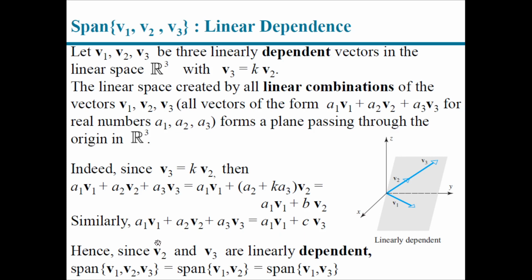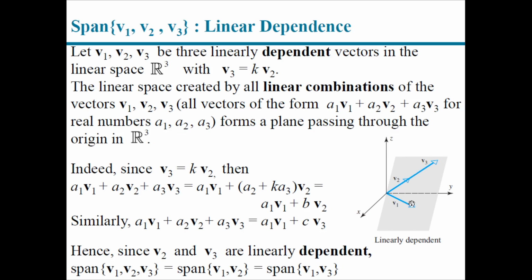So since v2 and v3 are linearly dependent, so they are collinear here, we can kick out one of them. We don't need them. We just need one of them. So the space generated by v1, v2, and v3 is the same as the space generated by v1 and v2, or the space generated by v1 and v3, because we can kick out v3 and we are good, or we kick out v2 but we keep v3 and we are good.